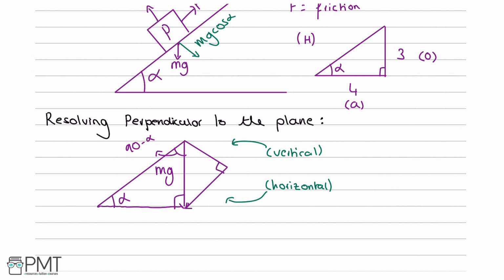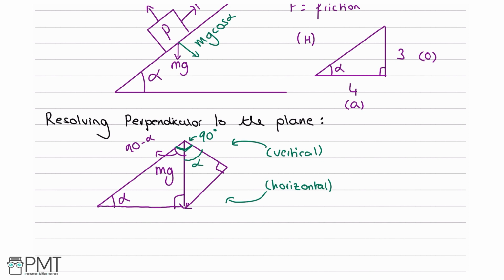From here, because we know that the vertical component is perpendicular to the plane, if I draw in green, this whole angle here, as badly as it might be drawn, is 90 degrees. If this part is 90 minus alpha and this whole part is 90 degrees, this part here is alpha.